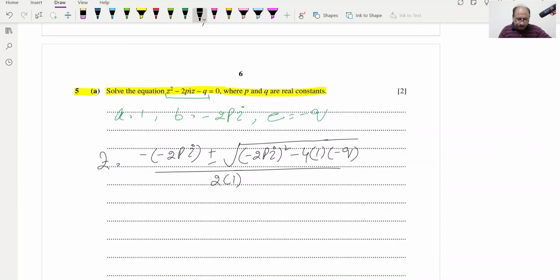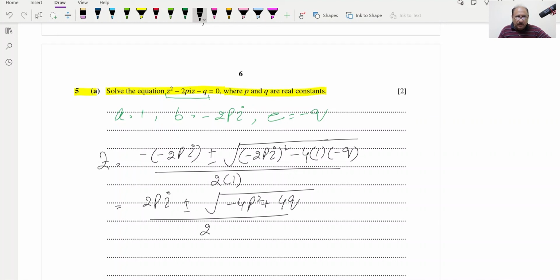Now right, next step we'll open the bracket, so it will be 2p iota plus minus the square root of, square of 2 will be 4, so 4p, and again because of iota square it will be minus, so minus 4p square, and minus minus plus 4q, divided by 2.